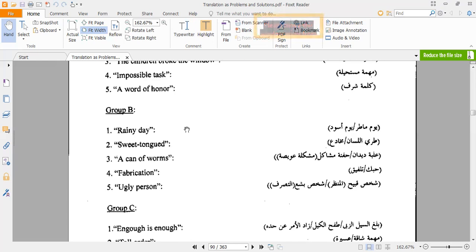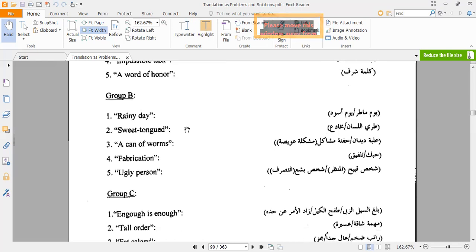Translators can determine the needed one by relying on the context. As translators, we rely on the context to determine if this expression is used literally or metaphorically.